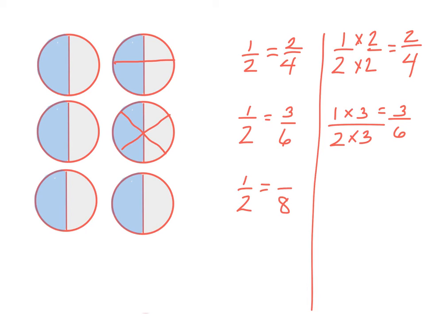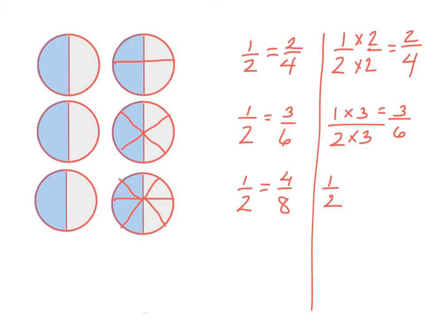Well, using the same size models, let's divide one of these circles into 8 equal pieces. So we start off as 4, then split that again into half. Now we have 8 equal pieces, and we can see that there are 4 out of the 8 total pieces that are shaded in. Therefore, 1/2 is equivalent to 4/8.